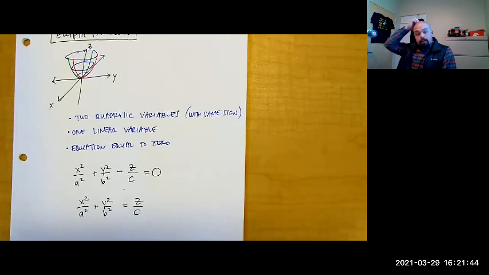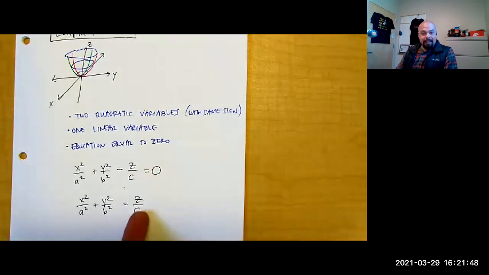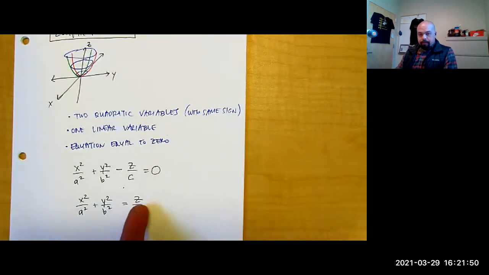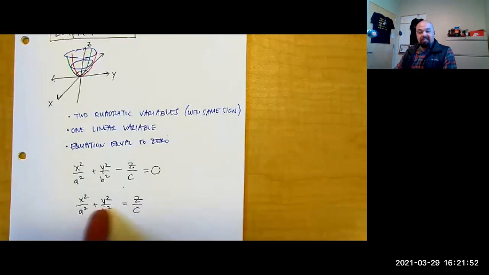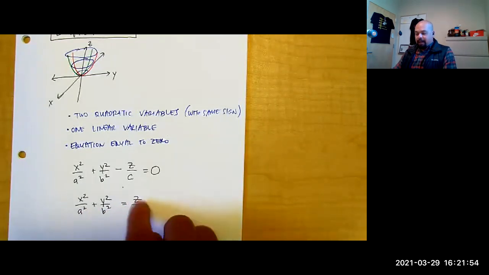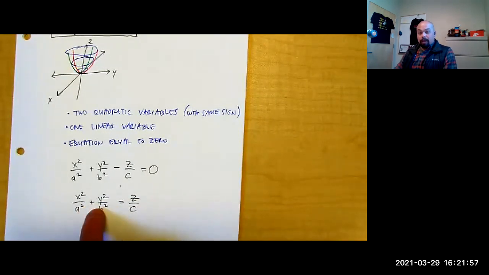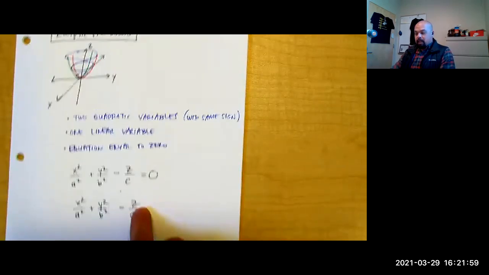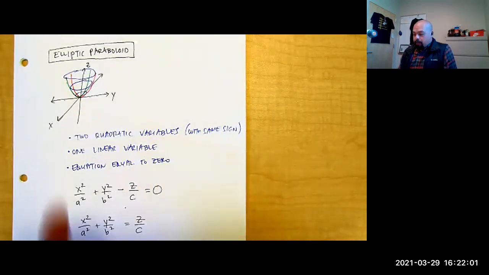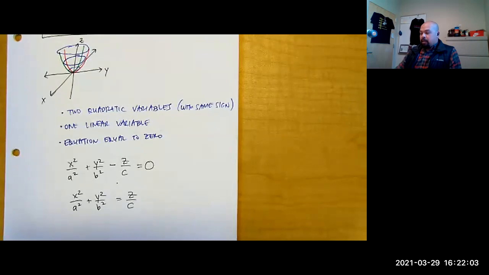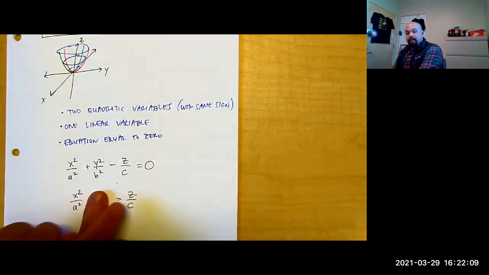Okay. But again, as we start to look at this, depending on that value for z, let's start here, when it's positive, right? That's going to look like an ellipse. If it's negative, we can't have two positive squares be equal to a negative. So that's why there's no values down below. But then when I start to remove one of the variables, replace it with a constant, x squared equals z, right?